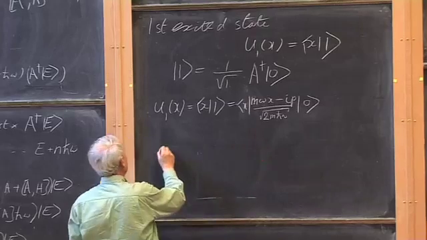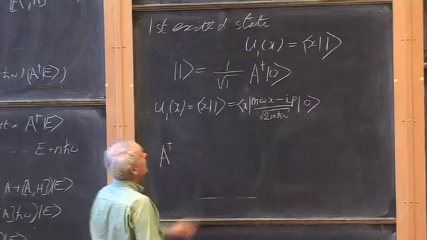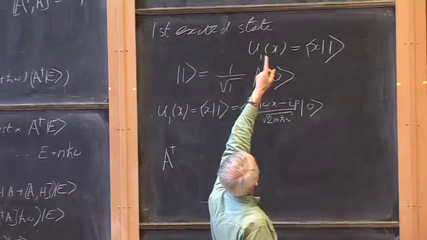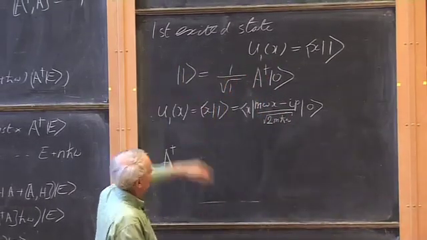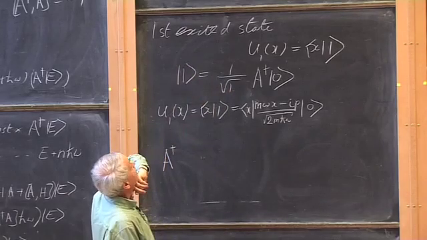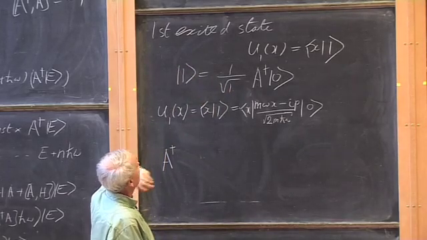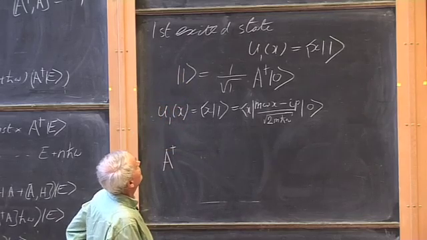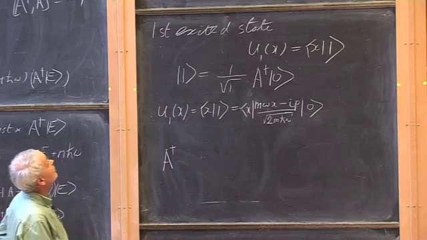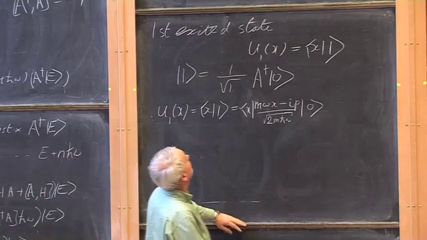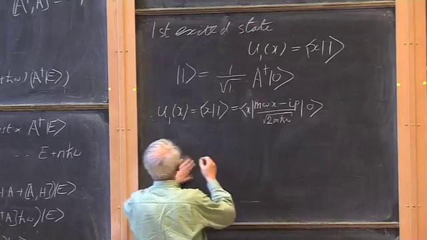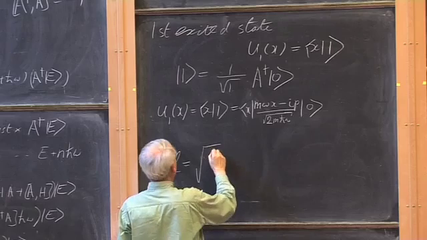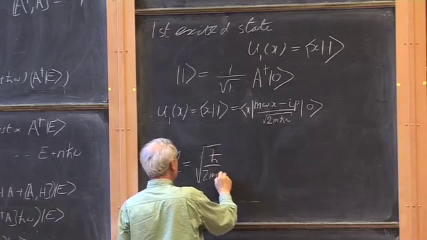So let's say what a dagger is in terms of L. L is equal to the square root of h bar over 2m omega.